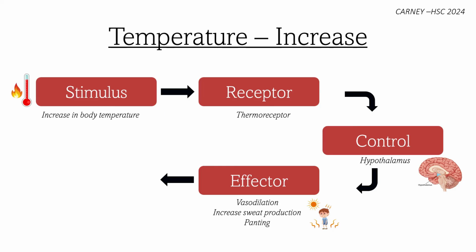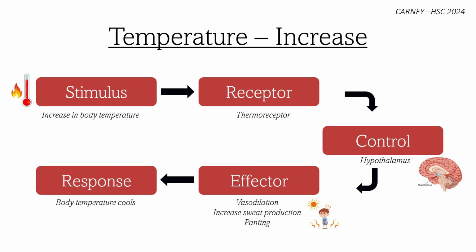For example, the hypothalamus may send a message to our sweat glands, signaling them to increase sweat production. Our blood vessels will often dilate and direct higher blood flow toward the skin in an effort to dissipate any excess heat. As these effectors are taking place, our body temperature begins to decrease back to homeostatic point.